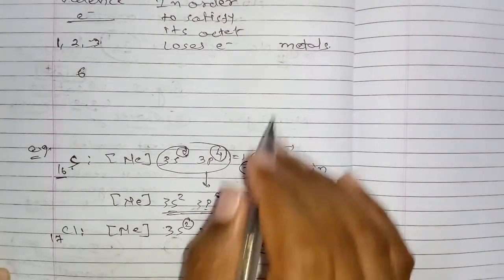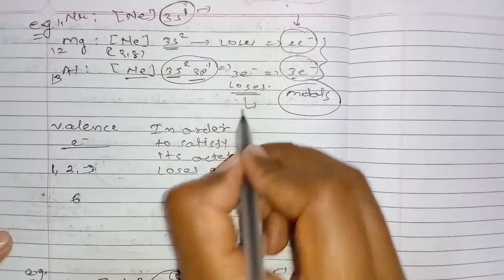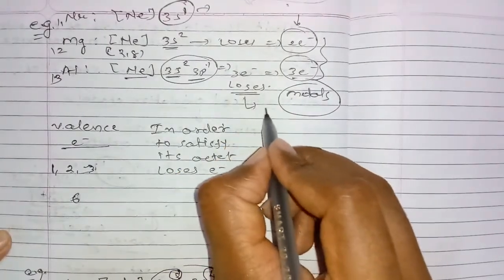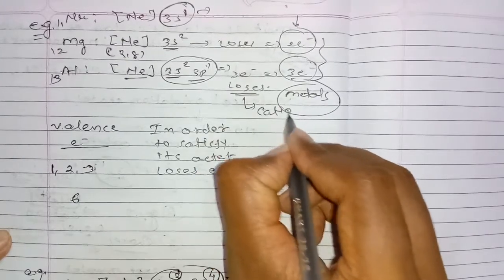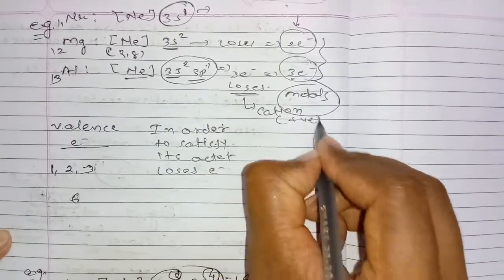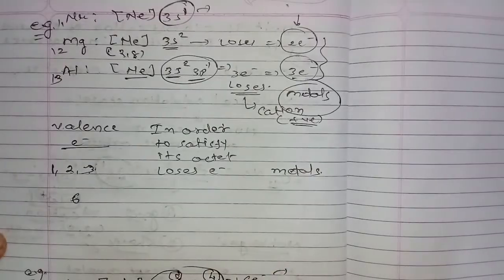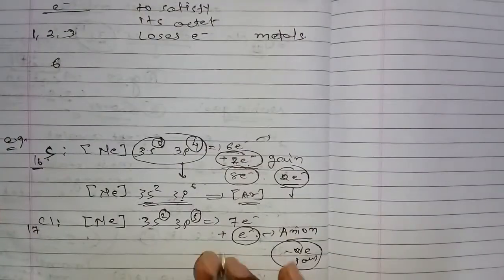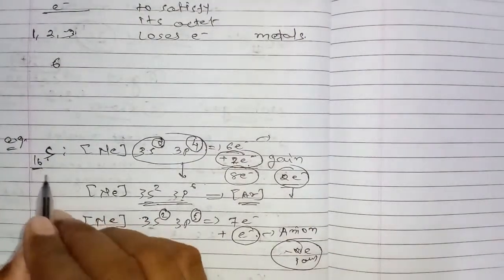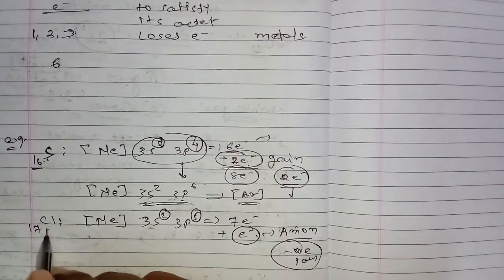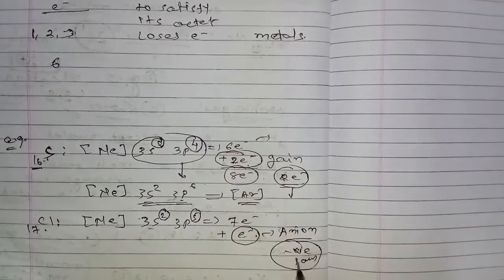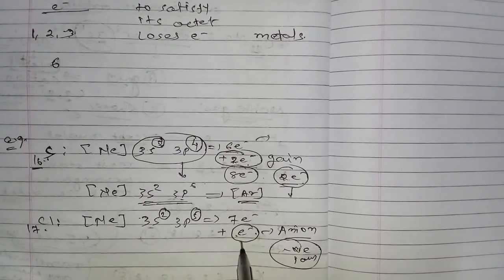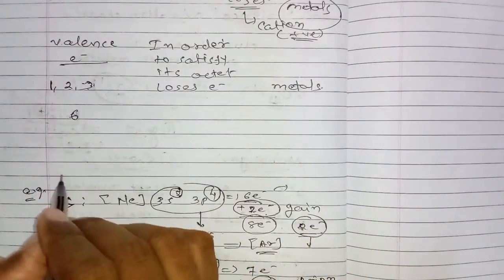And whenever it loses 1, 2 or 3 electrons, they are converted to positive ions. So for sulfur or chlorine, 2 electrons or 1 electron is gained.